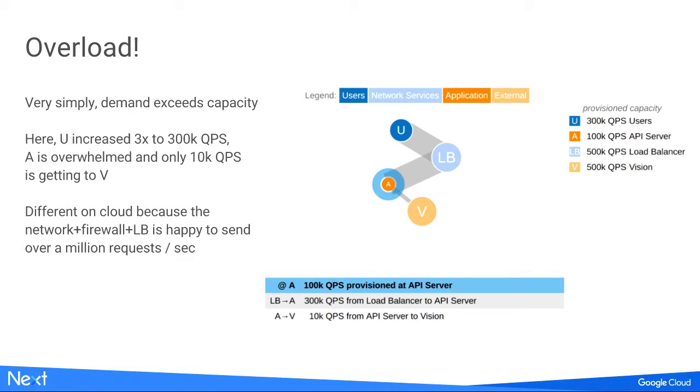Where you may be used to on-prem, a little drinking straw firewall or load balancer in front of you, or little drinking straw internet connection, that will shield you from all sorts of load problems, right? You just don't see them because the packets get dropped outside and users are complaining, but as an application developer, you never know it, right?